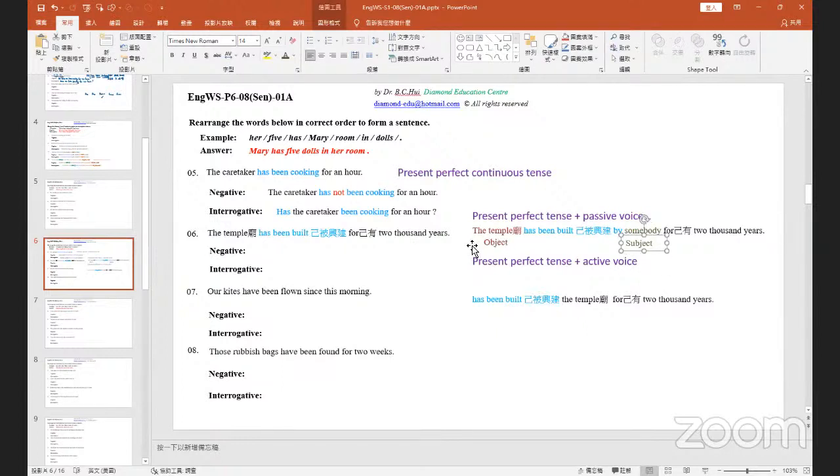If you have object in front of the verb and subject after the verb, this is passive voice.